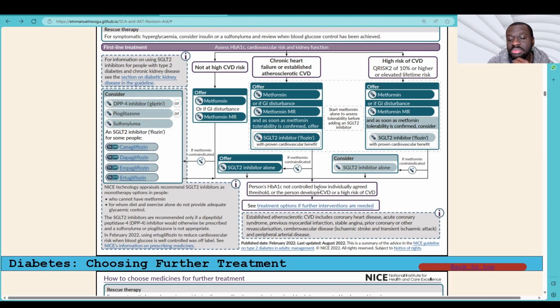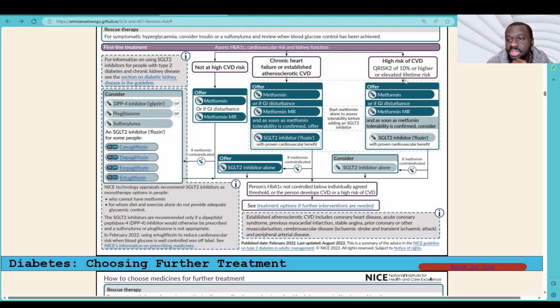For someone who is not fully fit, you want it to be less than 54, which is 53 and below. It's good to have a documented, established, agreed HbA1c target.